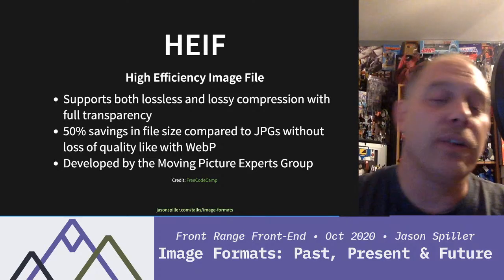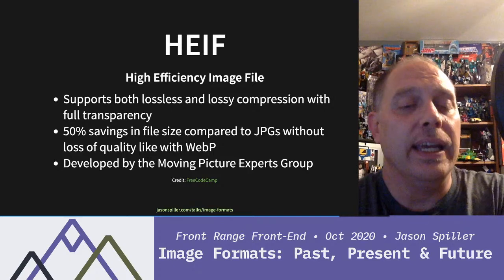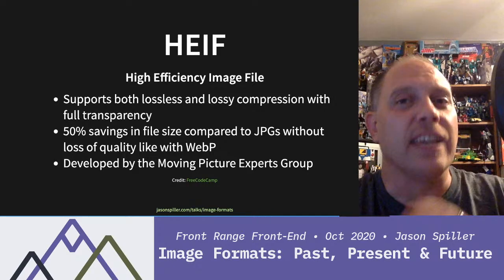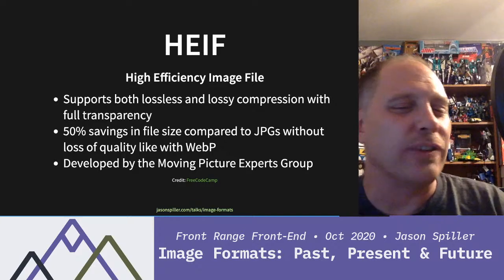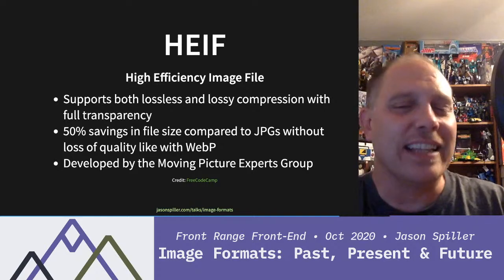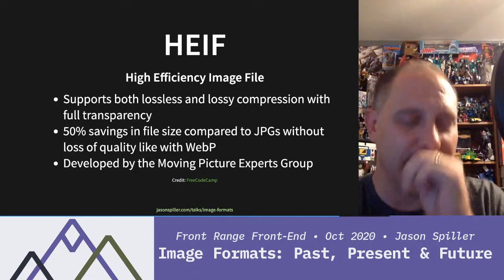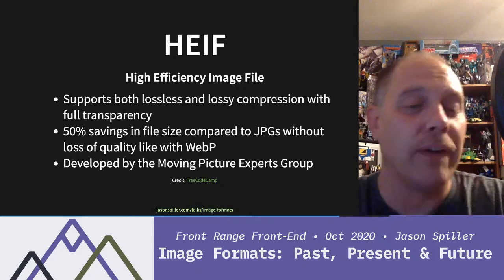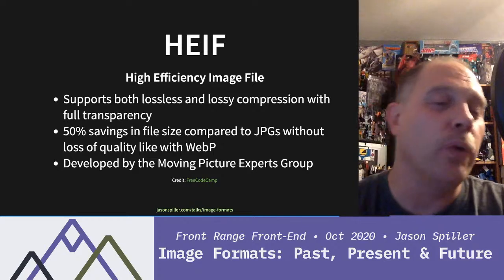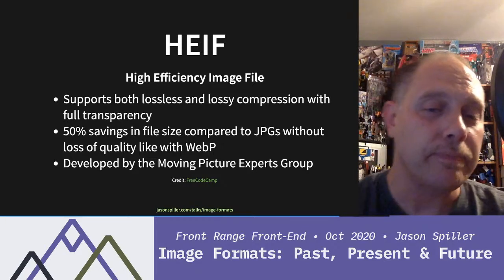And one of the disadvantages of the WebP format is that to get that higher compression rate, you also sacrifice quality. So they like to say that the quality is comparable, but you definitely lose some image quality gaining that 25%. This is saying we'll get 50% savings without any loss of quality.